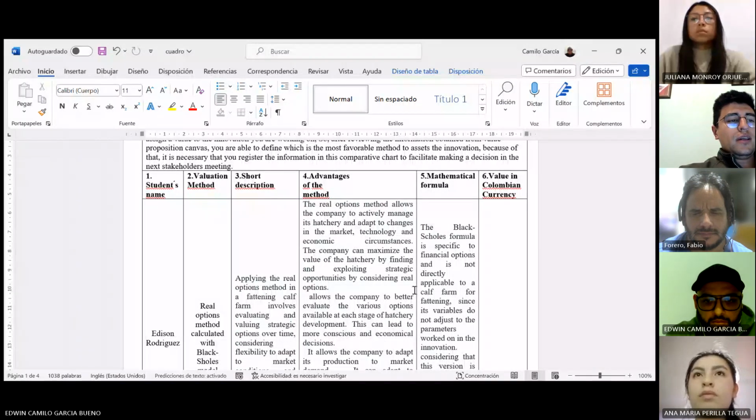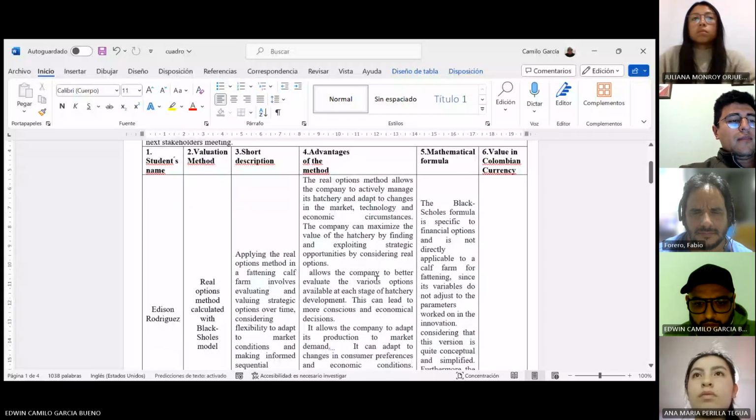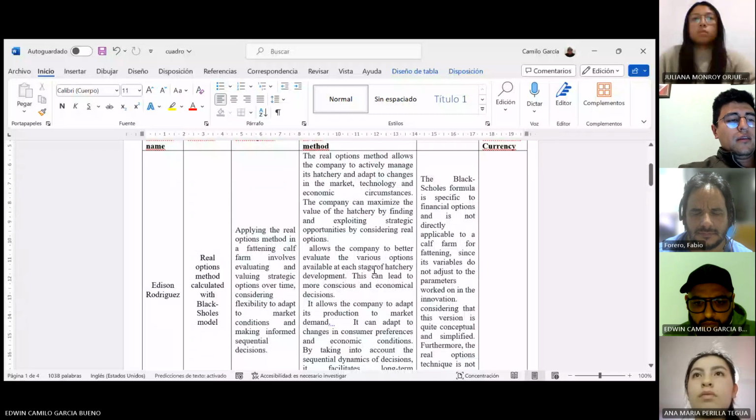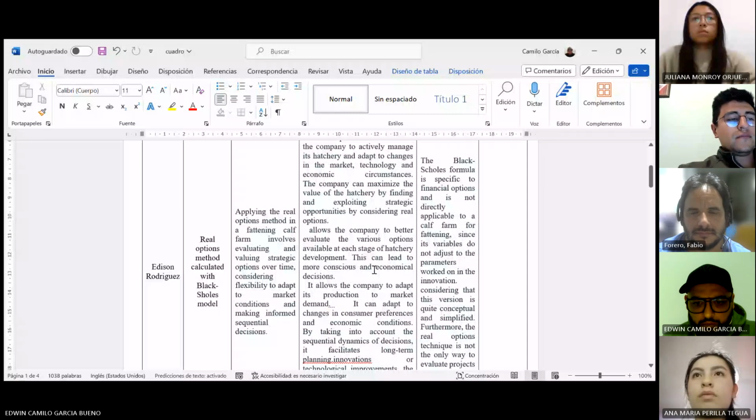Real options allow the company to better evaluate the various options available at each stage of hatchery development. This can lead to more informed and economic decisions.